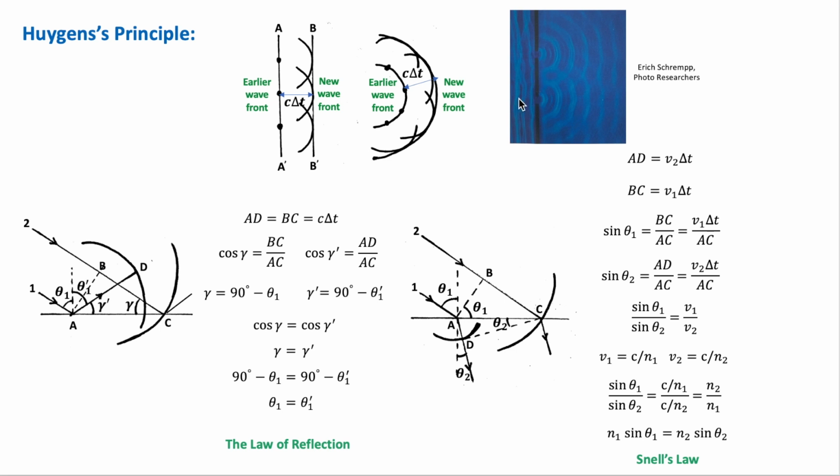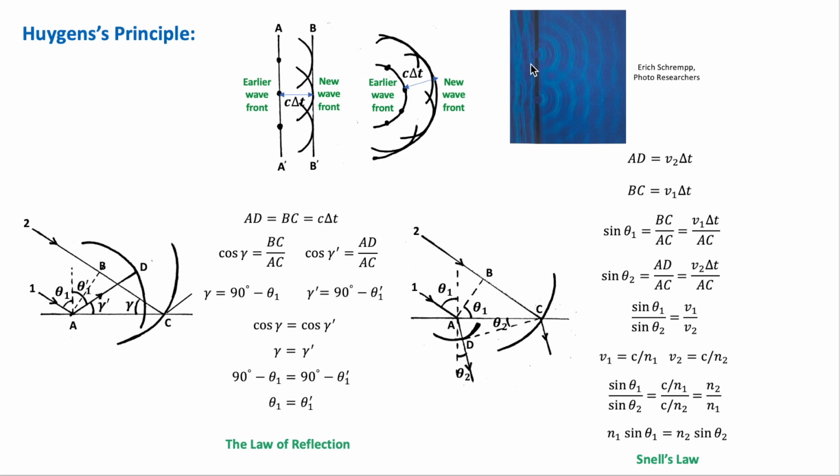If the openings are very small, the situation can be modeled as if only one source of Huygens wavelets exists at each of the two openings. And so the wavelets from these two openings emerge as two-dimensional circular waves propagating outwards.